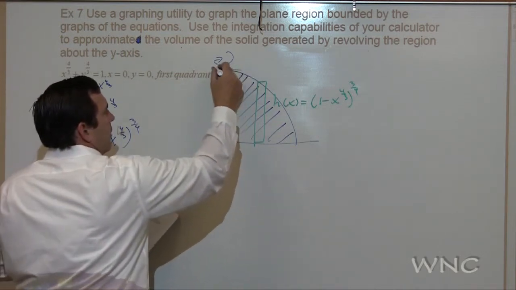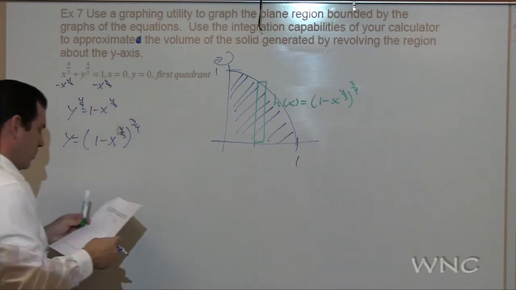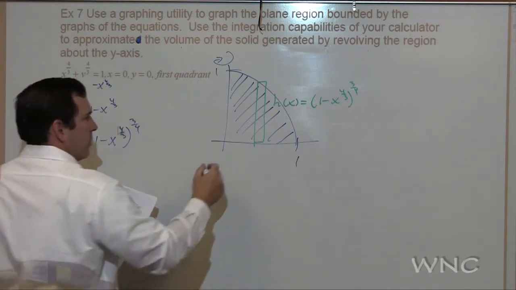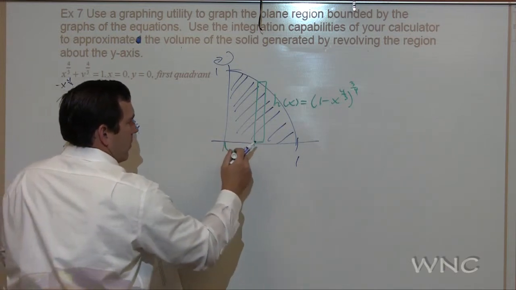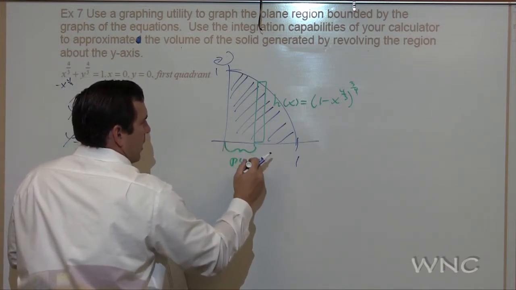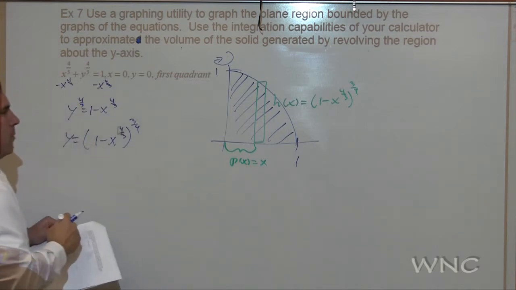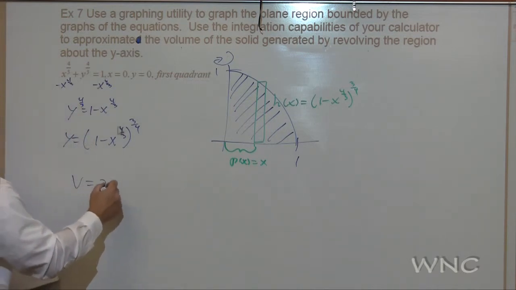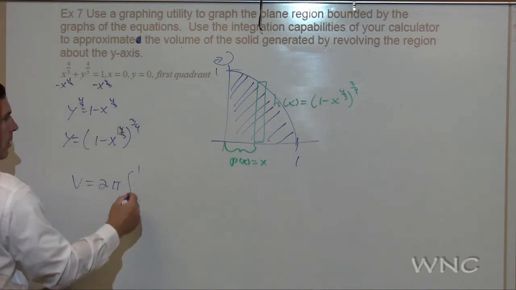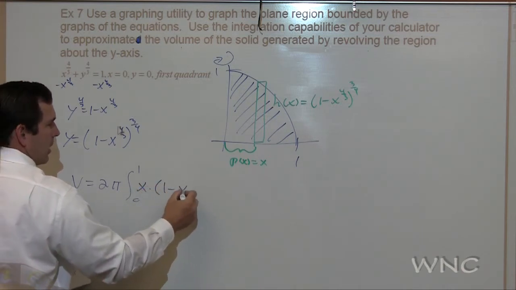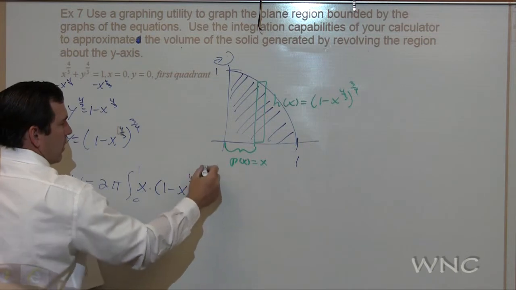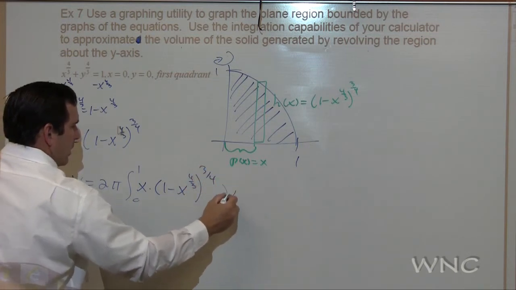This is one up here, one down here. Our p of x is just x. So the volume is going to be 2 pi times the integral from 0 to 1 of x times the quantity 1 minus x to the 4/3 to the 3/4 dx.